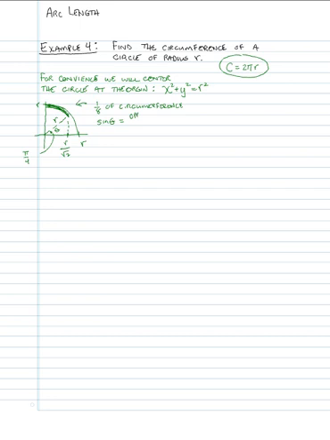Opposite over hypotenuse. And we know that the cosine of theta is equal to adjacent over hypotenuse. Okay?